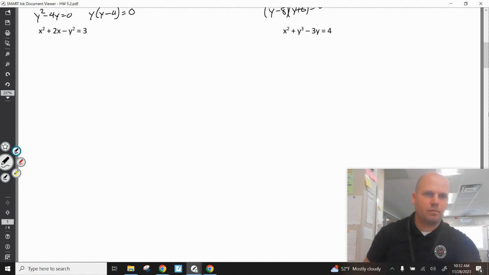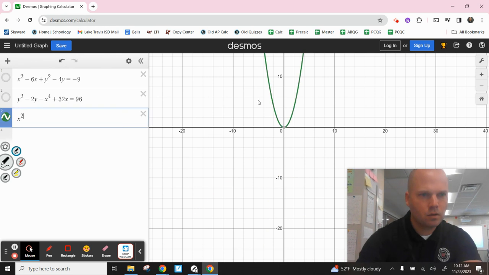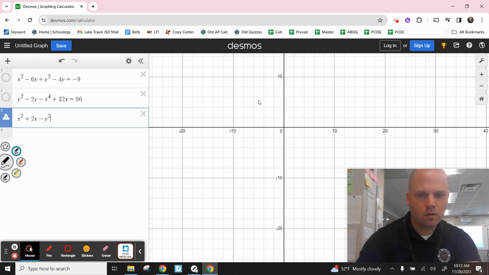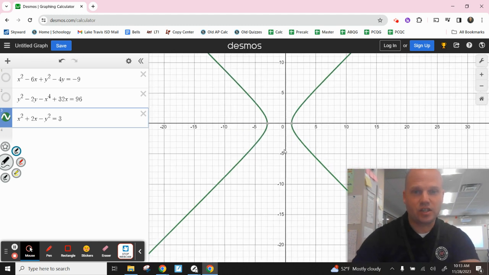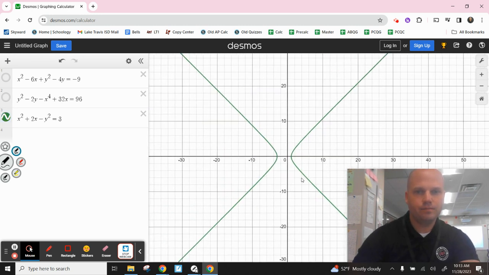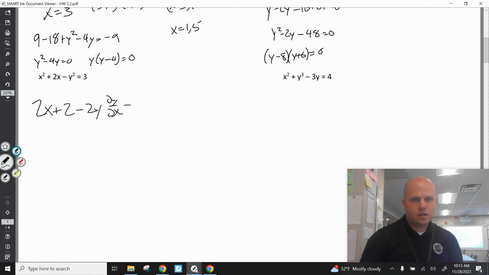All right, let's look at this one. X squared plus 2x minus y squared. Yeah, I see vertical tangents. I don't see horizontal tangents. Let's find out. Derivative: 2x plus 2 minus 2y dy/dx equals 0.